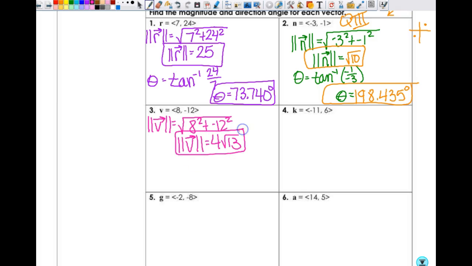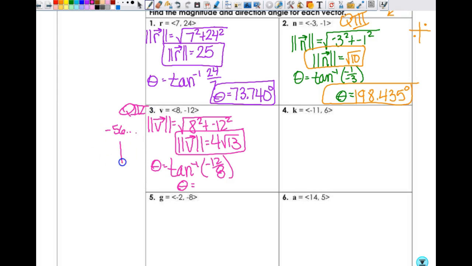All right, so then I need theta. Theta is equal to the tangent inverse of -12 over 8. So when you do that, it gives you -56 something, right? Okay, make sure that that's what you get. You actually do that. This right here is directed towards which quadrant? The fourth, right? This is quadrant 4.